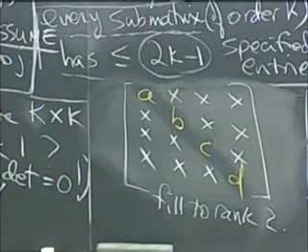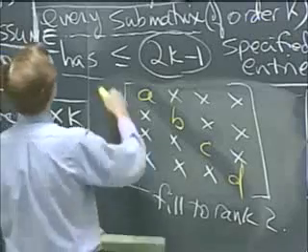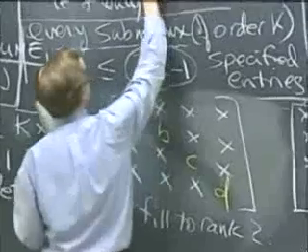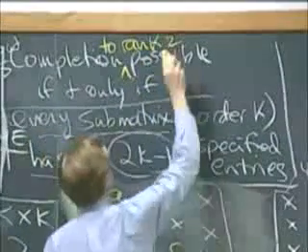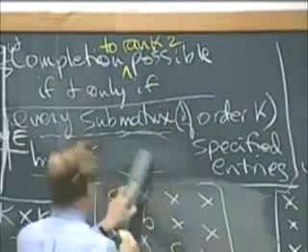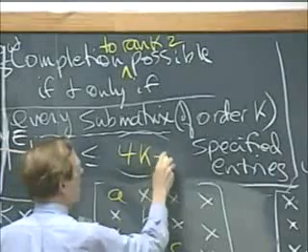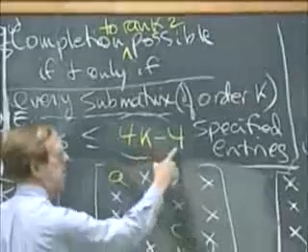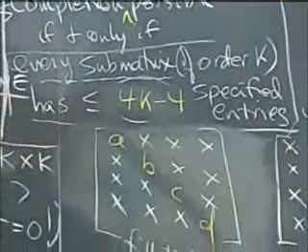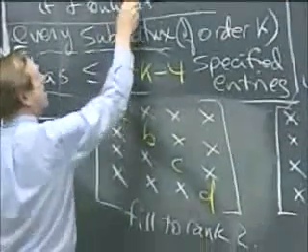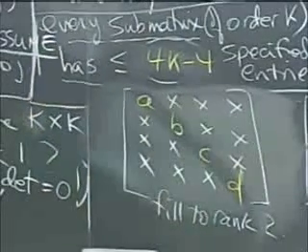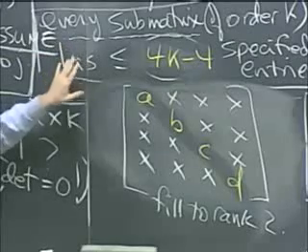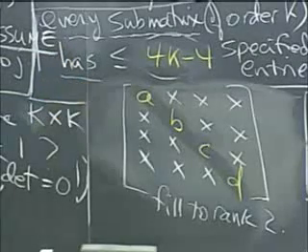And then the more general question is, so let me complete the theorem. Completion to rank 2, the number here becomes 4k minus 4. That's the right number. Which when k is 4, that's 16 minus 4, which is our 12. So this is the guess, conjecture, you could say: completion to rank 2 is possible if and only if every submatrix of order k has no more than 4k minus 4 specified entries.